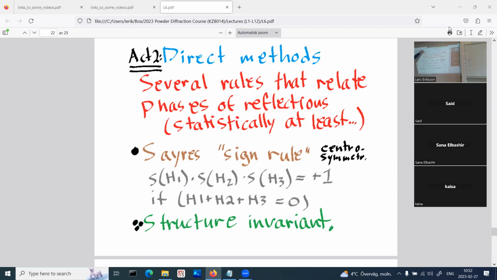Well, the alternative to heavy atom methods is simple direct methods, which is in principle trying to find the phases, but from the set of amplitude data, not depending on a known part of the structure or anything. There are a lot of different rules, and this is several courses on its own.